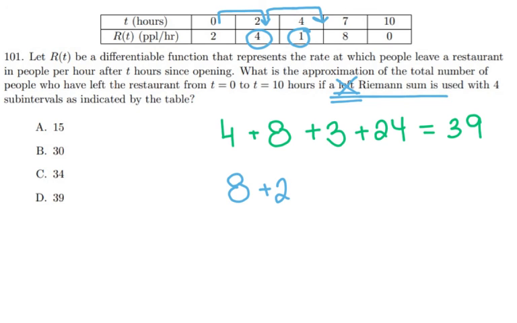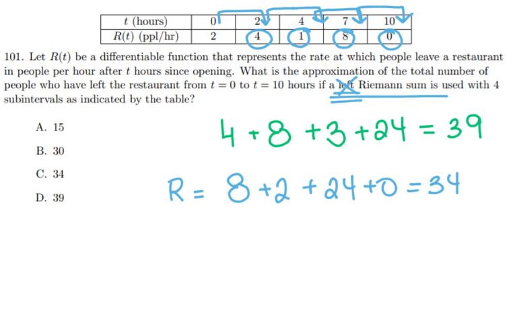Then x is increasing by 3 and the height is 8, so I'm going to get 24. And x is increasing by 3 and the height is 0, so I will get 0. So for the right Riemann sum, you would have an answer of 34, and for the left Riemann sum, you would have 39.